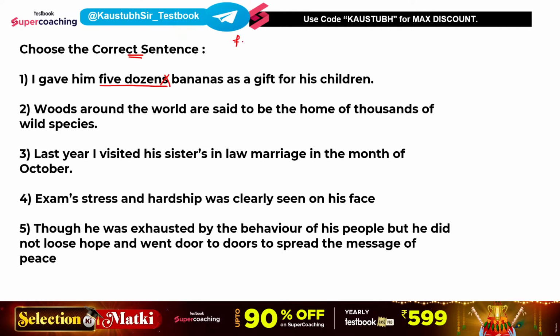Either you say 5 dozen bananas, only dozen, or you say dozens of bananas. है ना? Dozens of bananas or only 5 dozen bananas. So the first part of the sentence has the error, right?